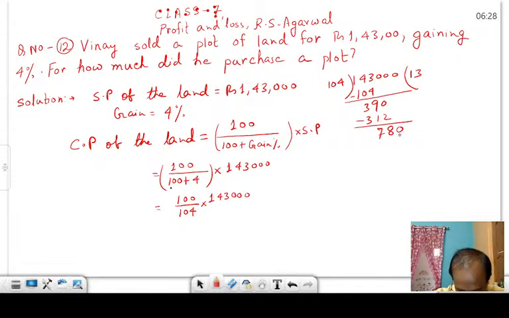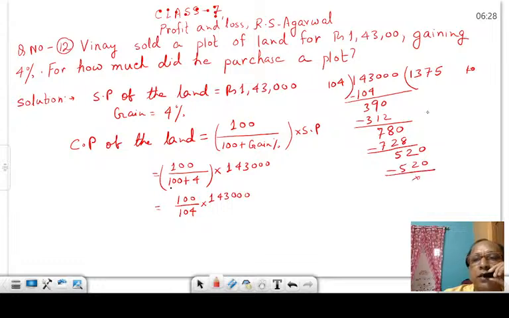And if you divide it again by 7, 4 7 is 28, 7 is 7. If you subtract this one, you will get 2, 2 3, 5, and this is 0, right? If you again divide it by 5, 4 5 is 20, 5 1 is 5, right? So we are getting this number 1375.